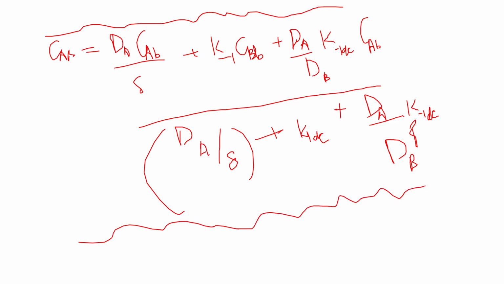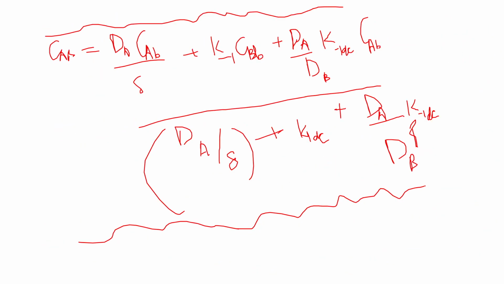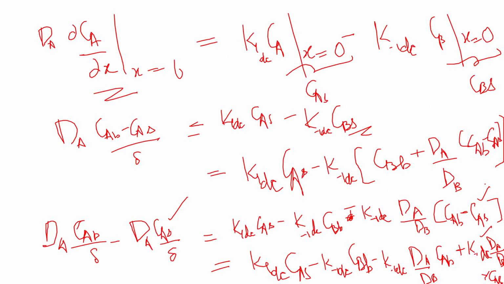So now I got the value for CAS, right? How has this step come? I couldn't understand. Which one, this one? The last step? I rearranged. Yes, this one. So you understood this last step? Yeah, up to here I understood.